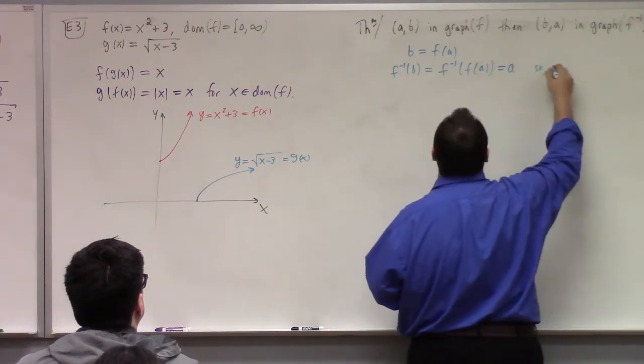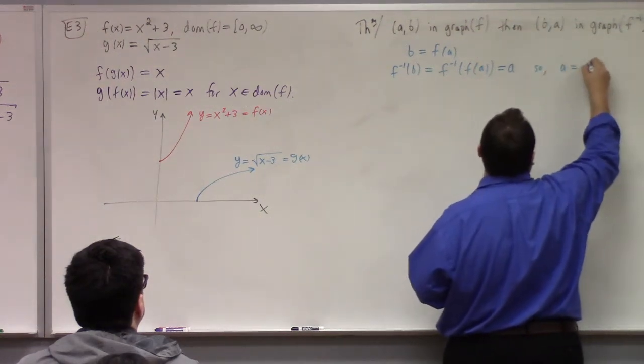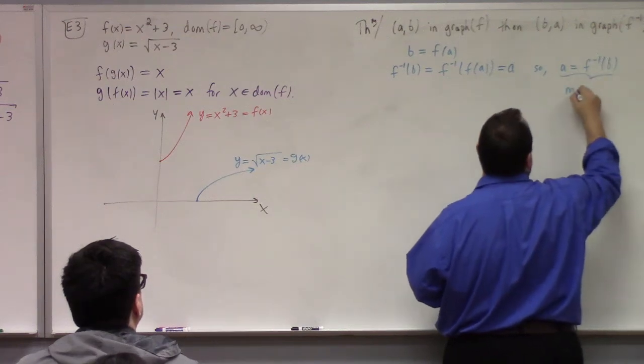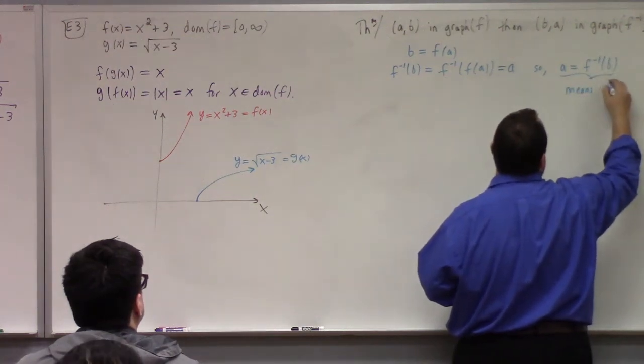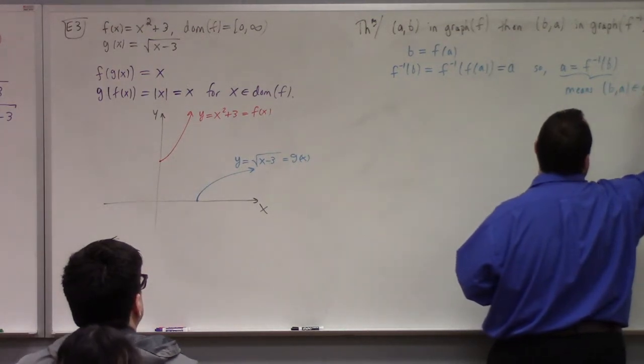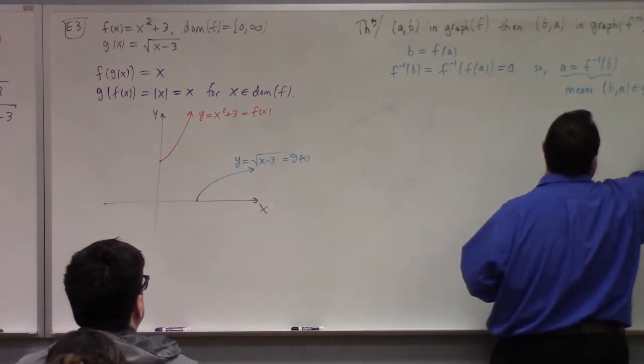So we have that A is equal to f inverse of B, and this means that the point (B, A) is in the graph of f inverse.